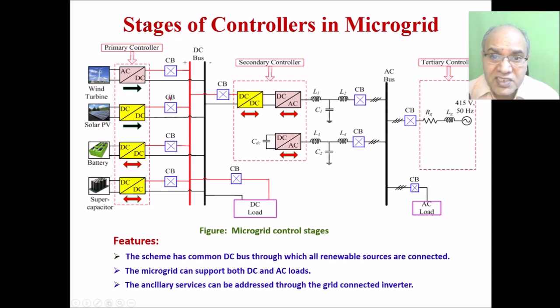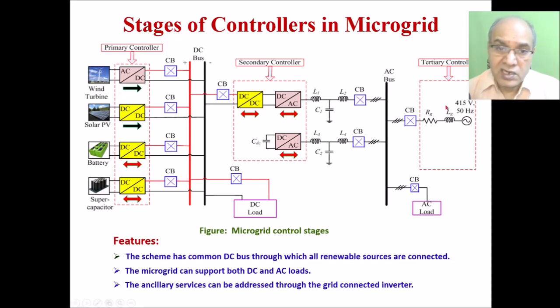And then at the secondary level of controller, we come to the main stage of the grid between the DC and AC, that is called the main converter or microgrid converter, which consists of DC to DC and DC to AC. So this is the secondary level controller, because this is at the second stage of the microgrid. And the tertiary level is the one where we decide whether the microgrid should be connected or not connected, what should be the parameters of the grid, what is the frequency, what is the voltage, and can we have some control on these parameters.